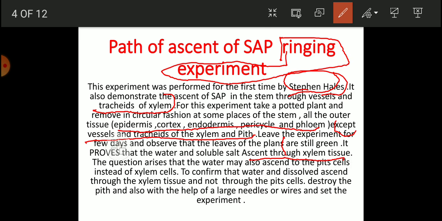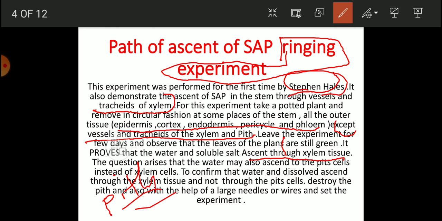Such questions were there because we have kept intact only the pith and xylem, but we have to prove whether it is xylem or pith, and it is proved that the ascent of sap takes place only through the xylem.